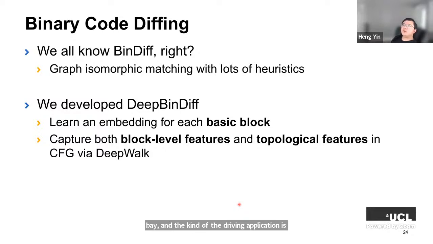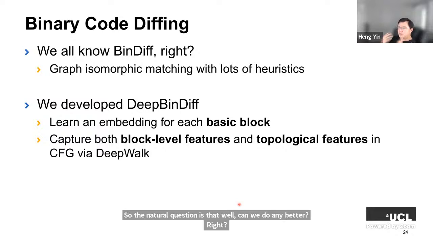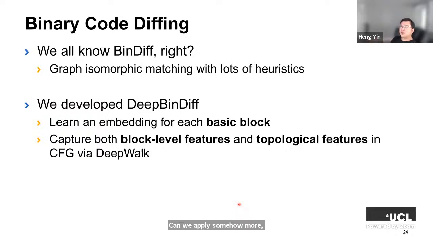So we all know BinDiff, which is a tool that does binary code diffing, and it applies graph isomorphism kind of matching with lots of heuristics. Okay, so the natural question is, well, can we do it better, right? Can we apply somehow more principled machine learning approaches to tackle this problem?